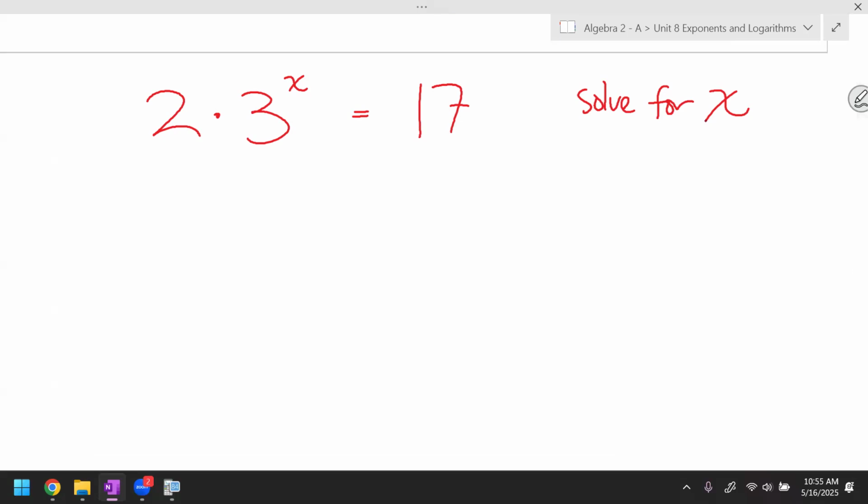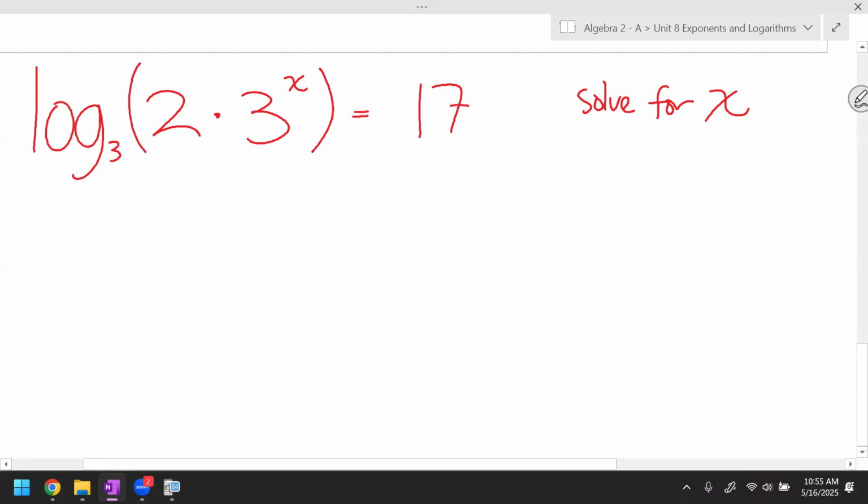Am I ready to just take a logarithm already? Do I do a log base 3, because 3 is in the base? Well, not yet. I can't do that yet because this 2 is still in there. Because what I'm really doing is taking the logarithm of both sides: log base 3 of the entire left side and log base 3 of the entire right side.